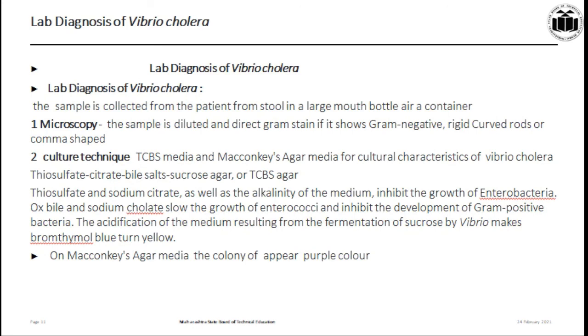Next method for further confirmation is the cultural method, where TCBS and MacConkey's agar media can also be used. Most preferably TCBS media, because this media is alkaline and hence Vibrio cholerae grows fast, while this alkaline condition inhibits the enterobacteria and hence the Gram positive bacteria.